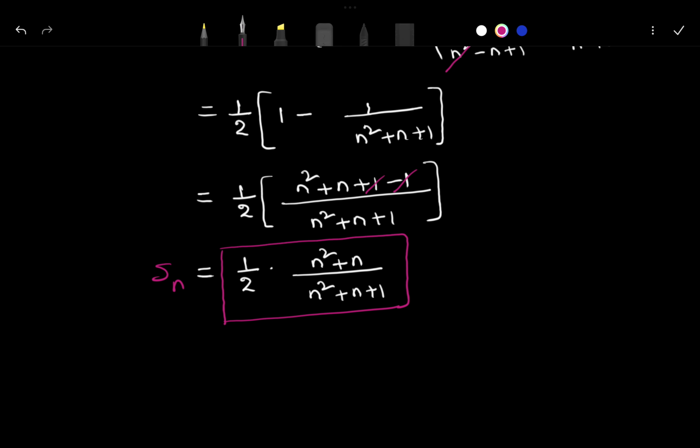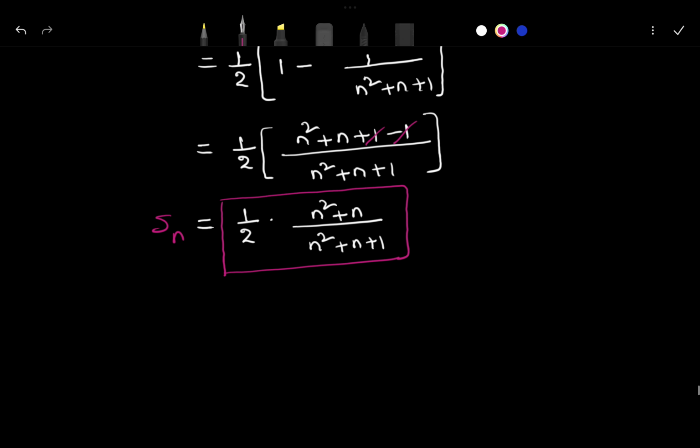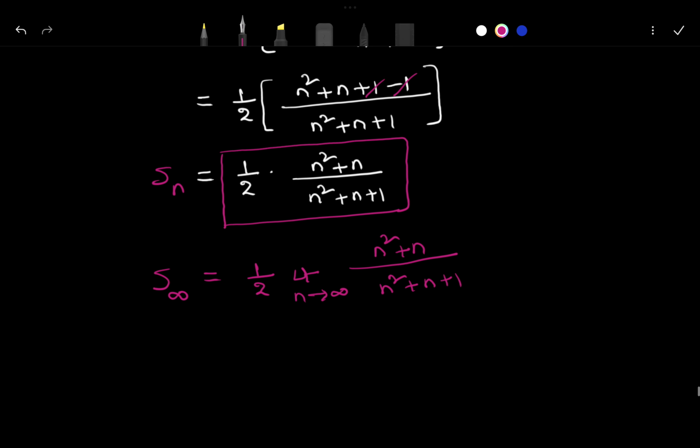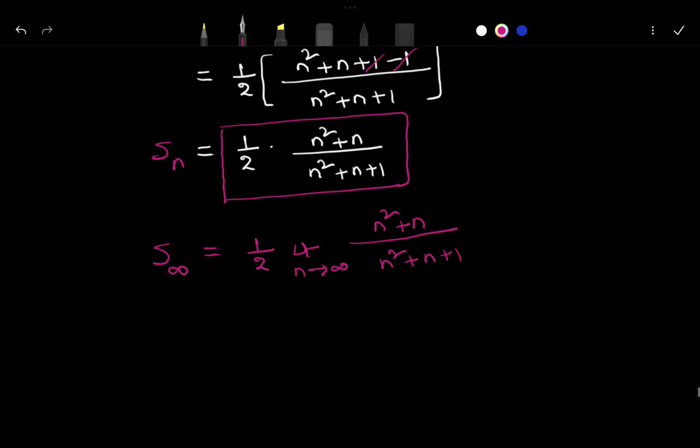Now suppose in the same question, if you want the sum of the infinite terms, S infinity, you simply take the limit as n tends to infinity of 1/2 times (n square plus n) whole divided by (n square plus n plus 1). Whenever the limit is n tending to infinity, you have to divide numerator and denominator by n square.